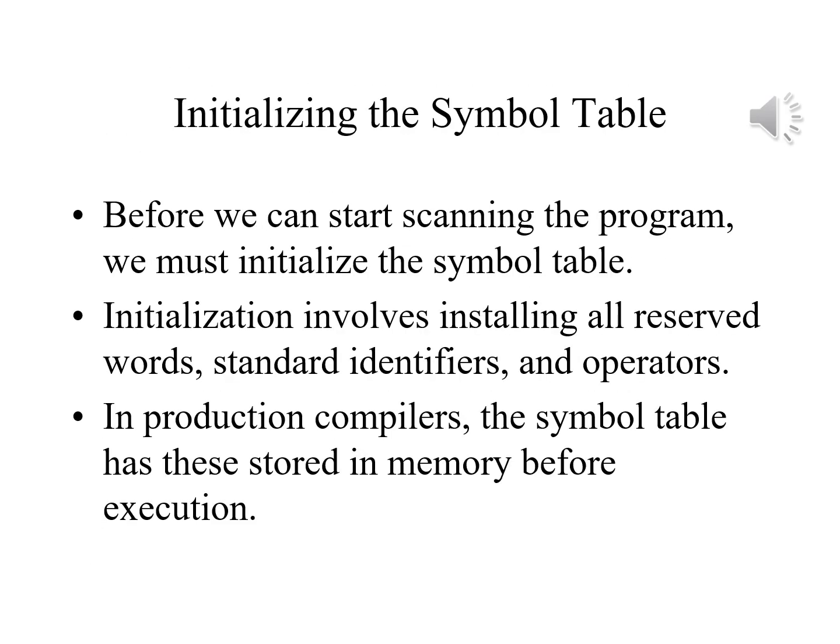Before we can start scanning the program, we must initialize the symbol table. Initialization involves installing all of the reserved words, standard identifiers, and operators. In production compilers, this would not be necessary, since the symbol table would already have been completed with all of this pre-installed before it was released.